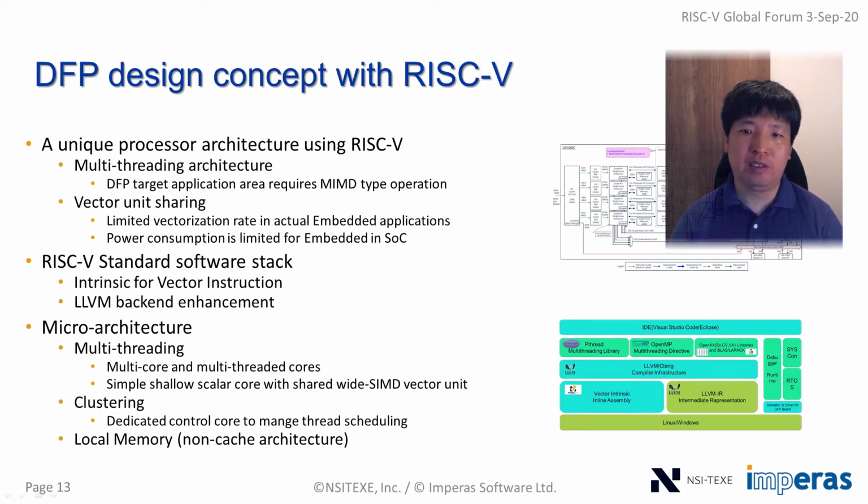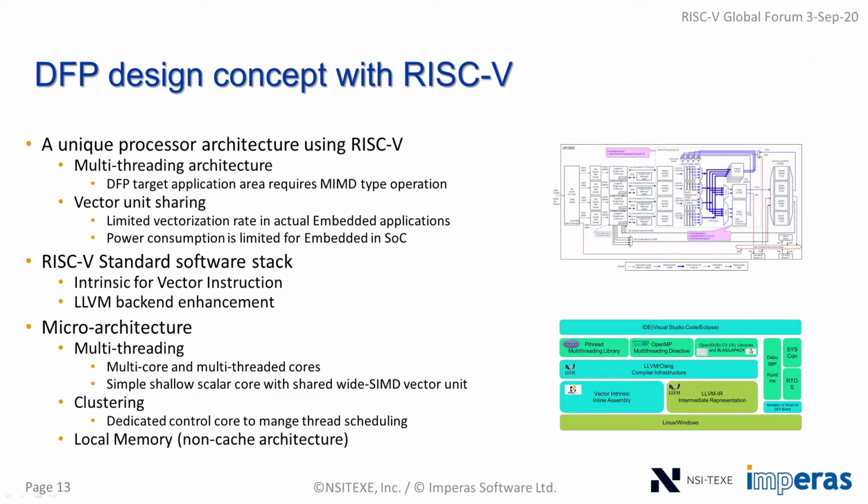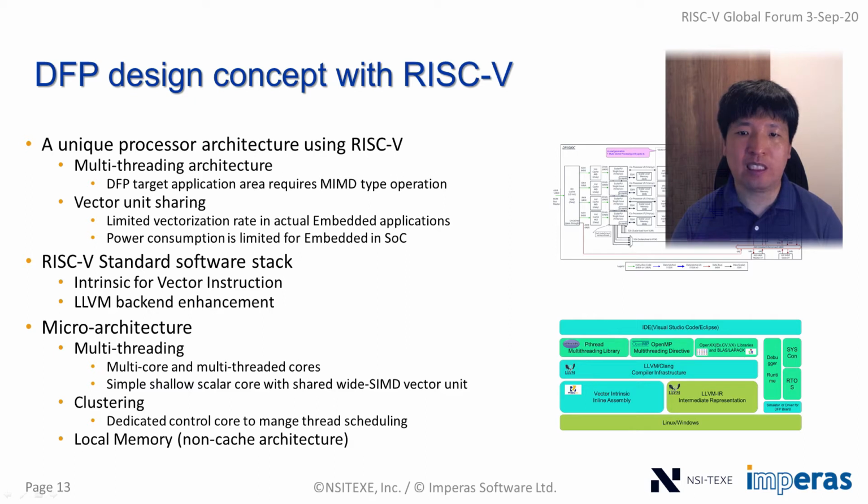We have also adopted the RISC-V vector specs. It targets to increase the computing performance. Our vector unit is optimized by sharing the configuration with multiple threads. The reason why the vector unit is shared by multiple threads is that, in our observations of customer code, actual customer applications don't have enough parallelism to utilize vectorization because there are some serialized parts.